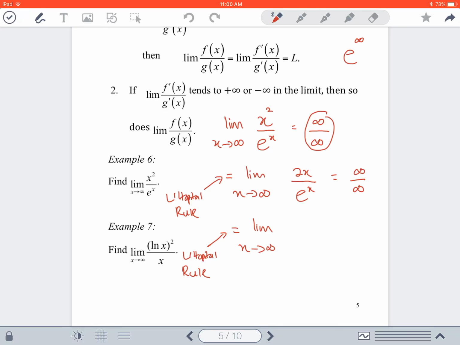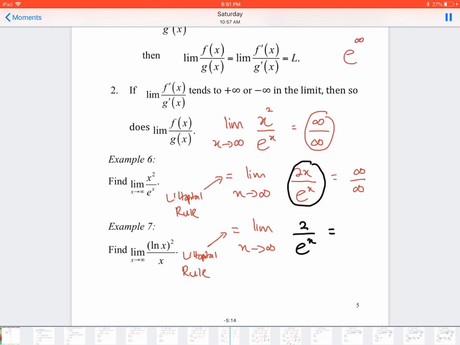With x approaching positive infinity, we differentiate the latest version of the function, which is 2x over e to the x, separately. 2x becomes 2, and e to the x stays, and then we substitute the value: 2 over a very large number. Remember, when your denominator is very large, it's approaching what? 0, right?